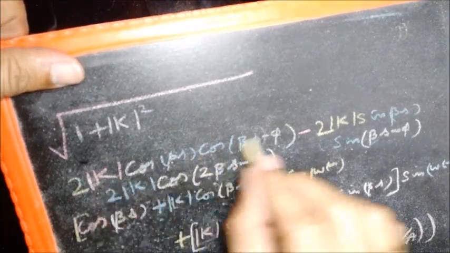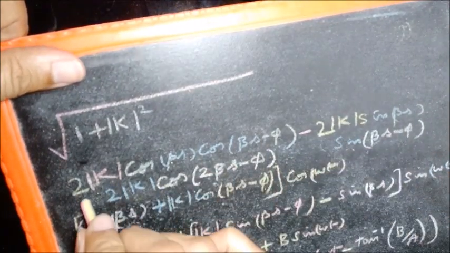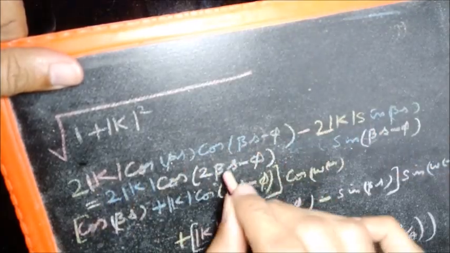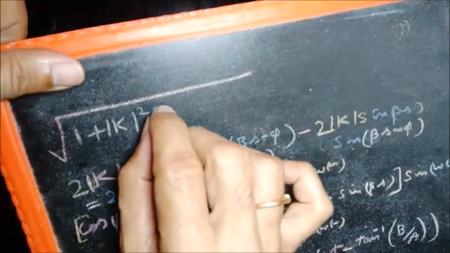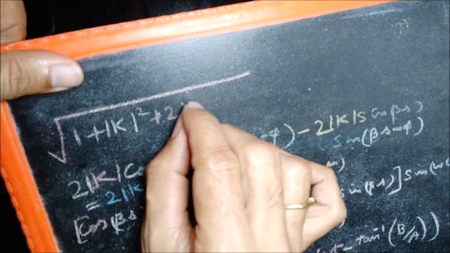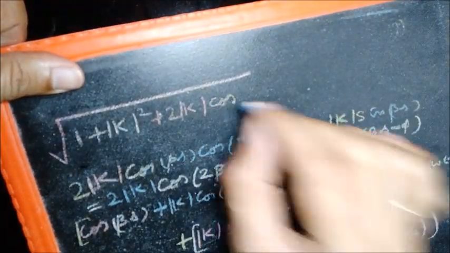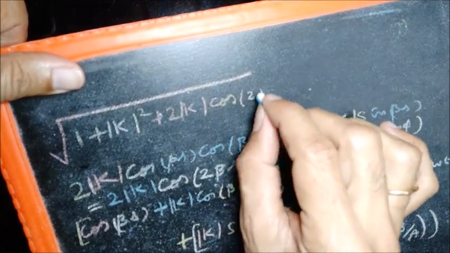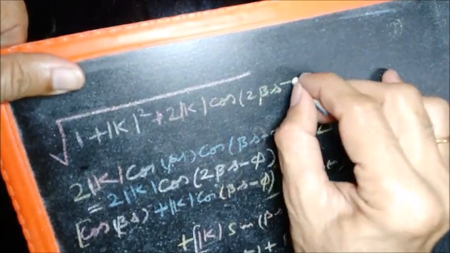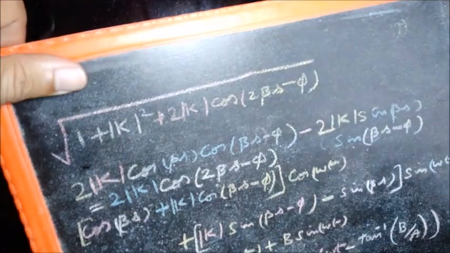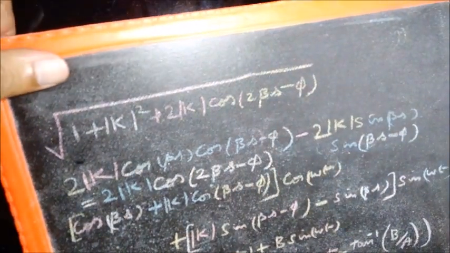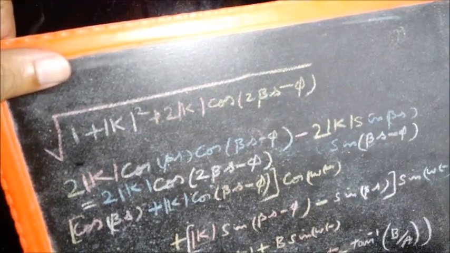Okay, so this is what this turns out to be. And hence this is going to appear over here, plus 2k cos(2 beta s minus phi).